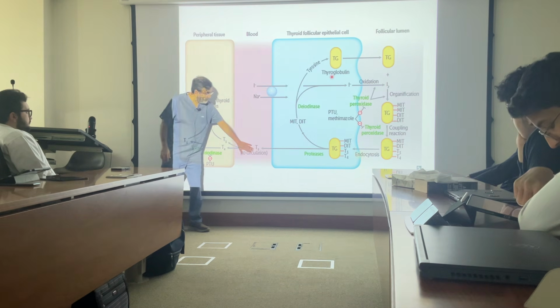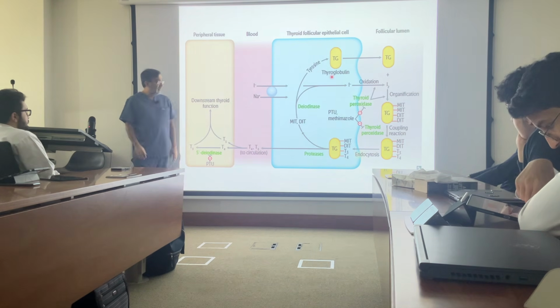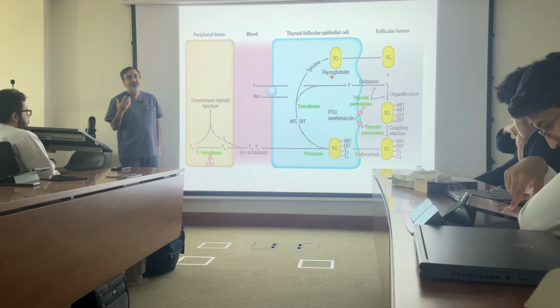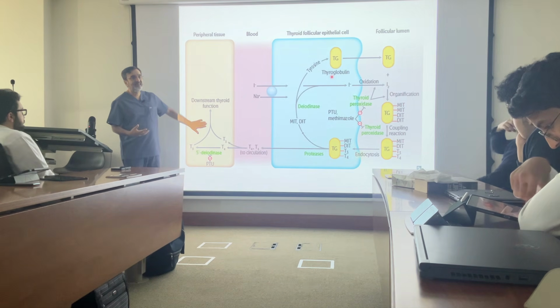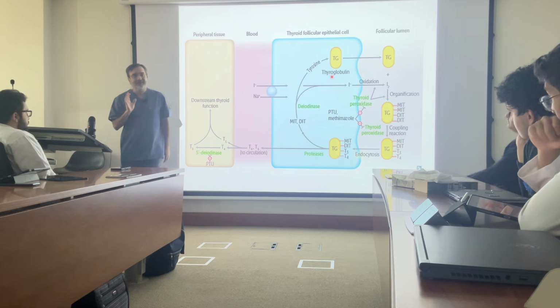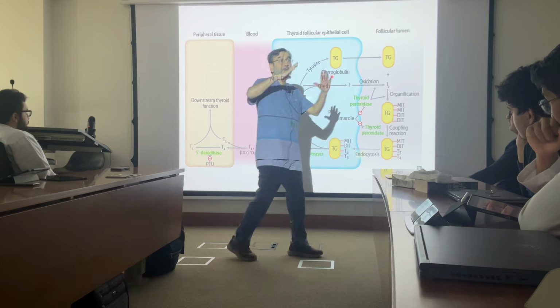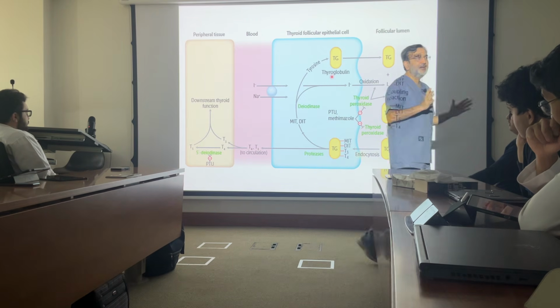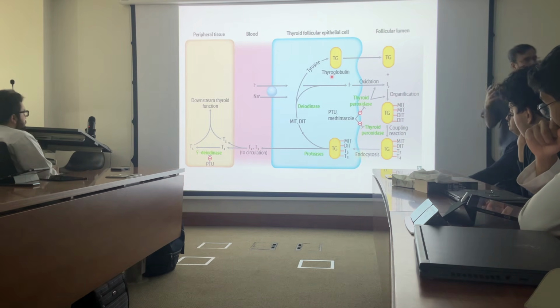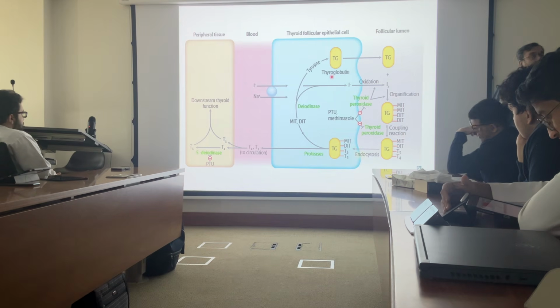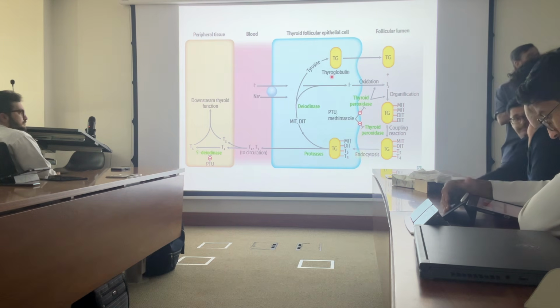Now, when the hormone goes into the circulation, the active form of the hormone which affects the cell is T3. So it needs to be converted. T4 is the most abundant hormone among the thyroid hormones, the one secreted the most, 93% of it is T4. But the active form which can affect the tissues is T3.